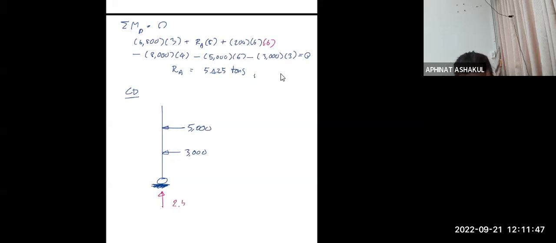Yeah, 575. Okay, so that's what we know. So we can probably tell right away by using sigma Fy that this is 2.575, right? So then that's it.